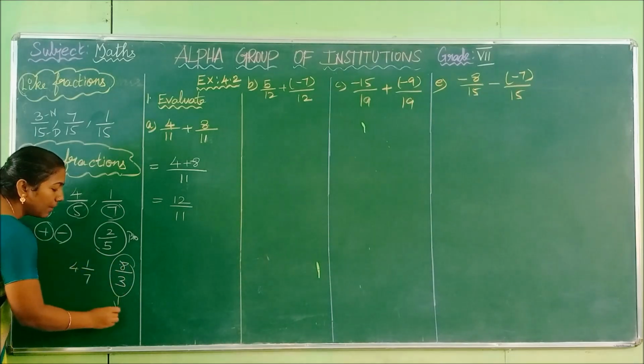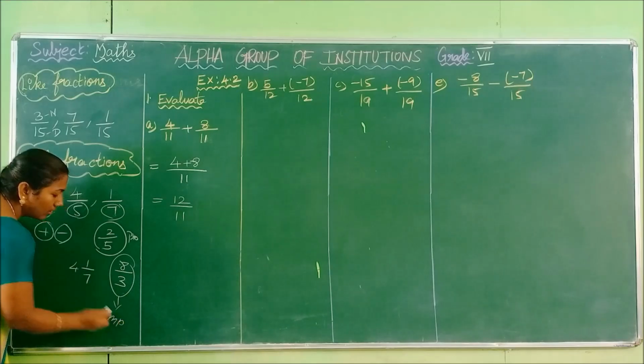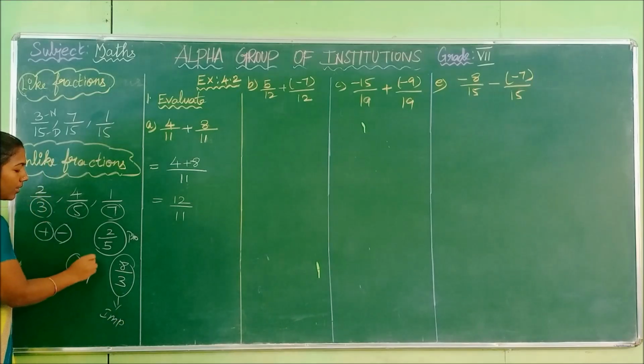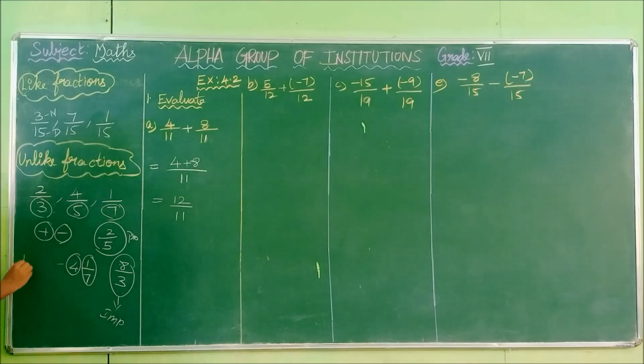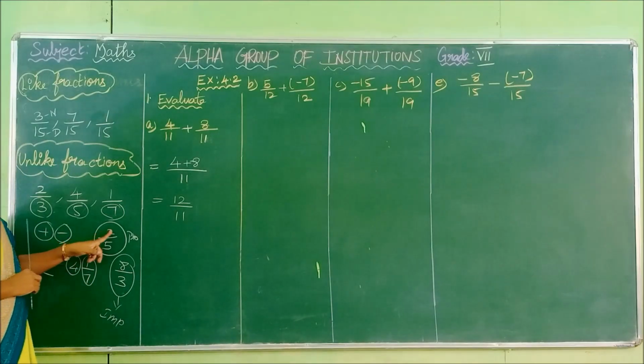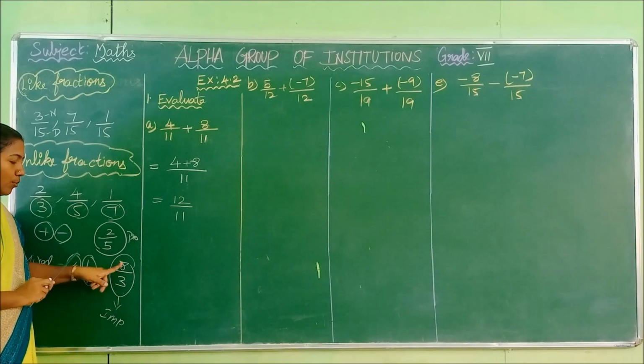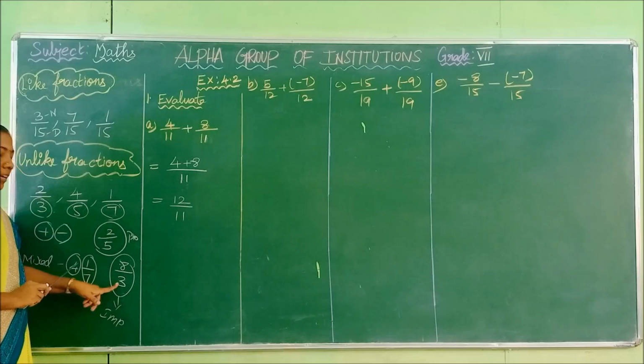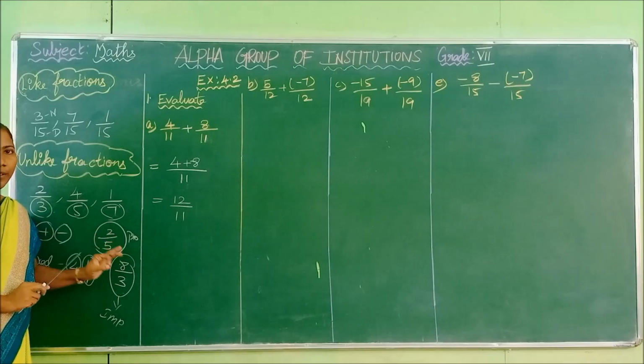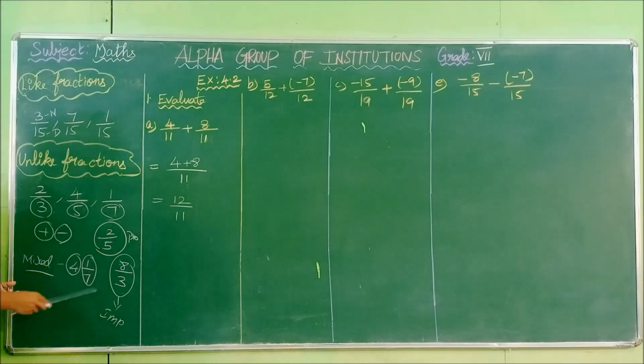It is an improper fraction. This is a whole number and a proper fraction. This is a mixed fraction. Okay, if the numerator is smaller than the denominator, it is a proper fraction. If the numerator is bigger than the denominator, it is an improper fraction. A whole number and a proper fraction is said to be a mixed fraction.